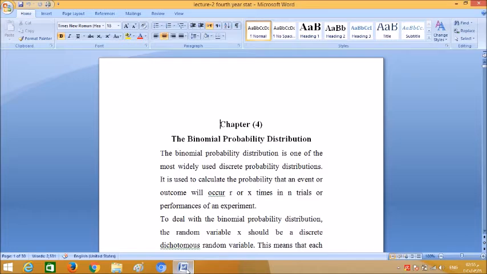Okay? The binomial probability distribution is one of the most widely used discrete probability distributions. It's used to calculate the probability that an event or outcome will occur R or X times in any trials or performance of an experiment. Okay?